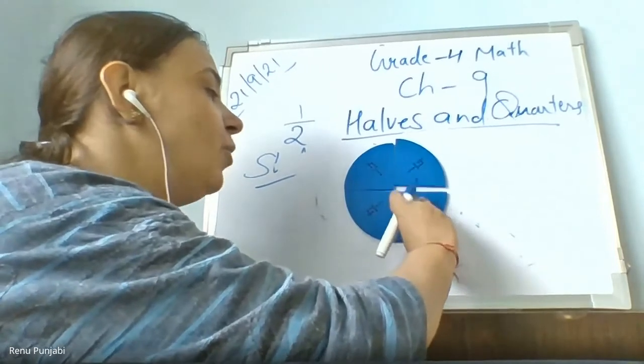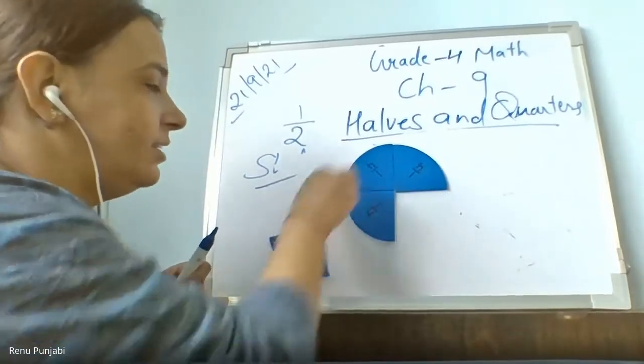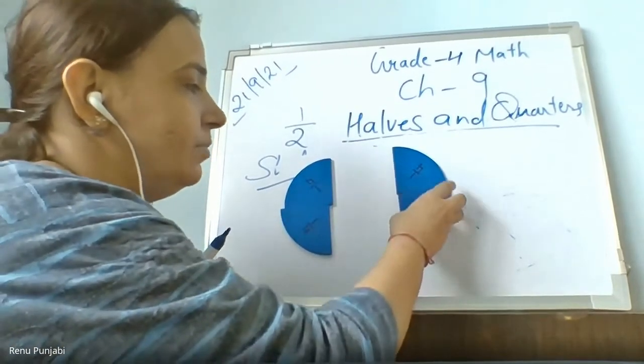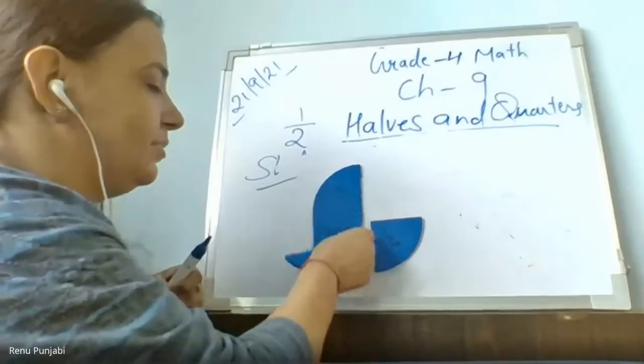So then you join any 2 parts, it makes the half. Either this or this if you take, it makes the half. Any parts if you take, it makes the half.